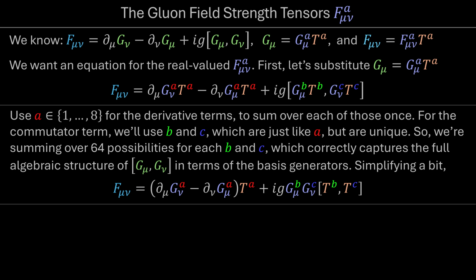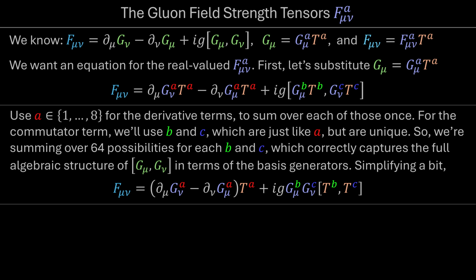So when we think about the structure of that commutator term, it really all comes down to the commutator of T B and T C. And then G mu B and G nu C are just a scale factor. And so we'll end up getting a rich landscape of interactions between the various real-valued scalar components of our gauge fields.